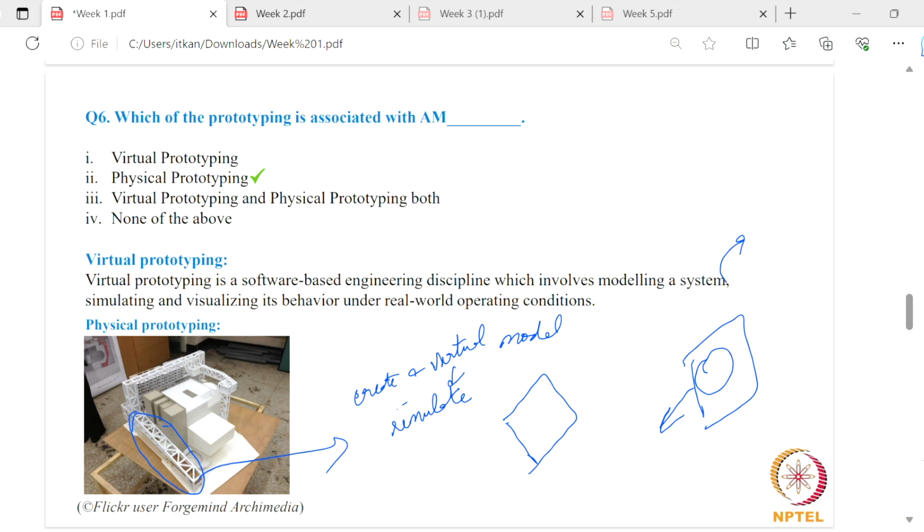So virtual prototyping is before the final printing. You can always check how your final product will work under some particular condition. That can be done in Abaqus, Ansys, or various other software where you can do the modeling, put in your loading conditions and try to visualize how the object will behave.